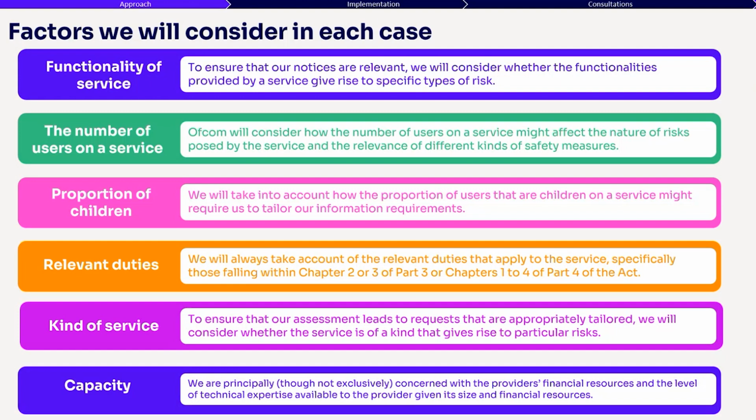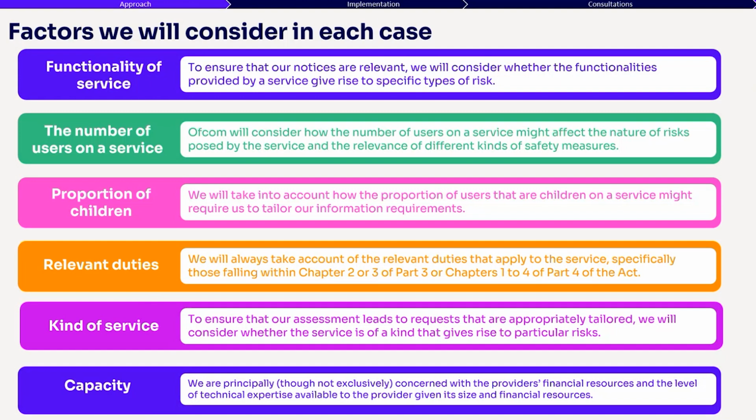Just to demonstrate, I suppose, a little bit more about how this could work in practice, as this is quite abstract, I'll talk through a couple of examples that illustrate how we might take these factors into account when we decide what to include in transparency notices. So reflecting first on the kind of service.